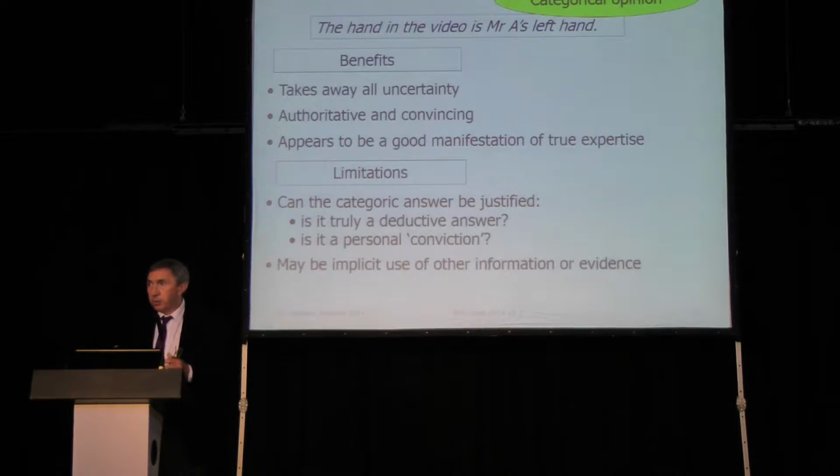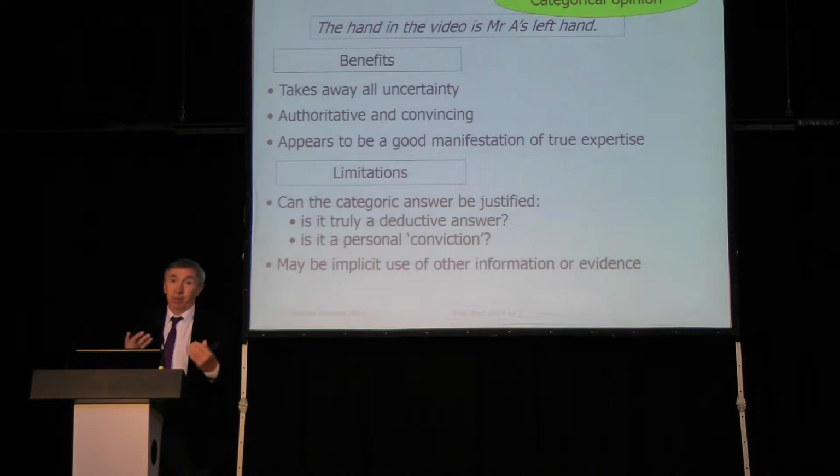I'll come back to personal conviction in a minute. But the big limitation, and this is coming back to the transparency thing that Paul mentions, is there may be something going on in the expert's mind, the background information, which has started to colour their prior view that the defendant was the man whose hand this is. And that may not be justified, it may be biased, it certainly won't be exposed or transparent.